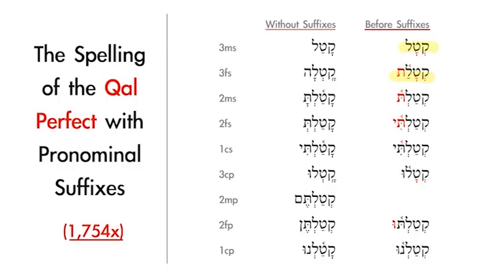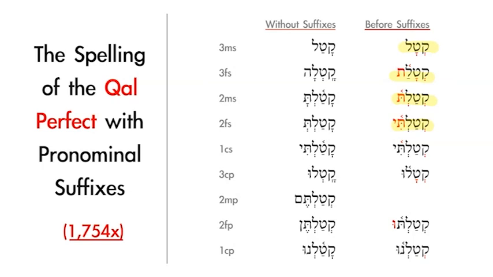In the 2ms form, we'll get propretonic reduction under the first syllable, and we'll lose the final vowel under the afformative before the pronominal suffix. The 2fs form is tricky because it now looks like the 1cs form. However, the 1cs form takes a pronominal suffix much more frequently than the 2fs. You will need to be aware, though, that the 2fs is an option.